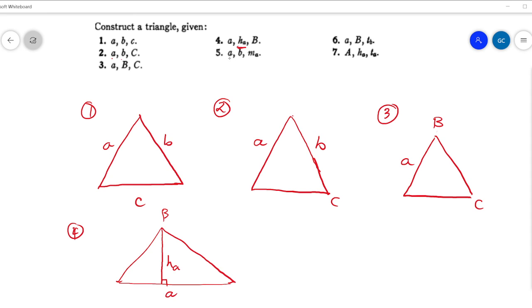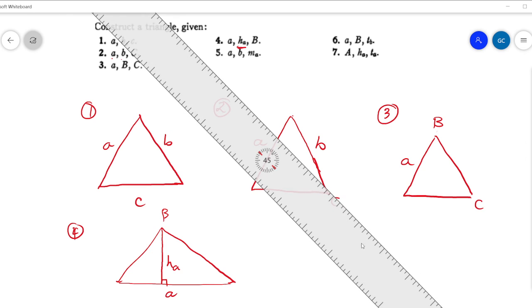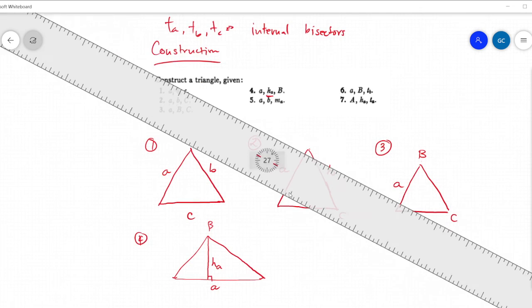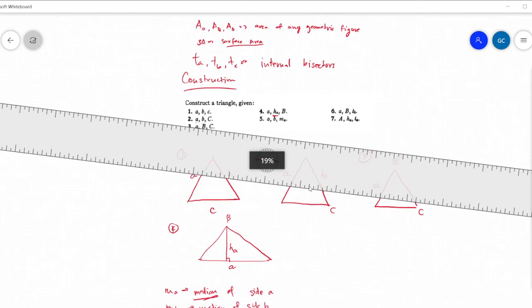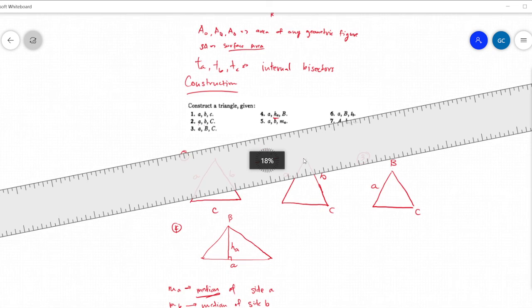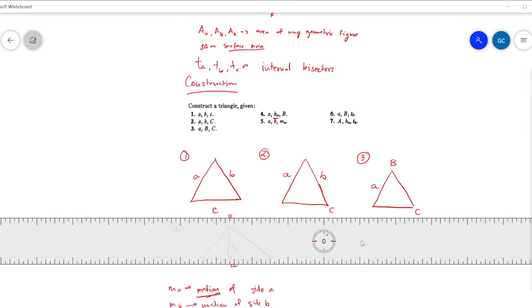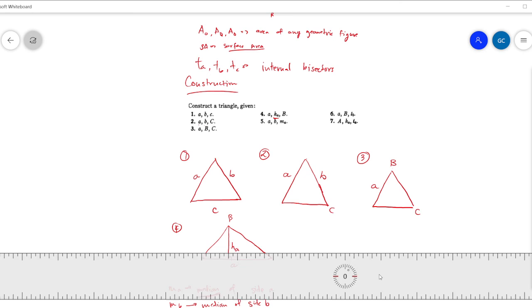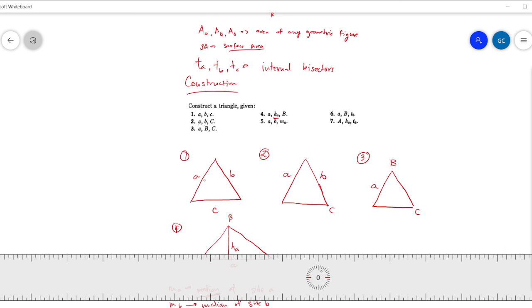Okay. So for that, for number 5, what we need to do is construct a rectangle or triangle rather with side A, side B, and the median of A. So I may have to use ruler here. I start here and I draw a line base to here.